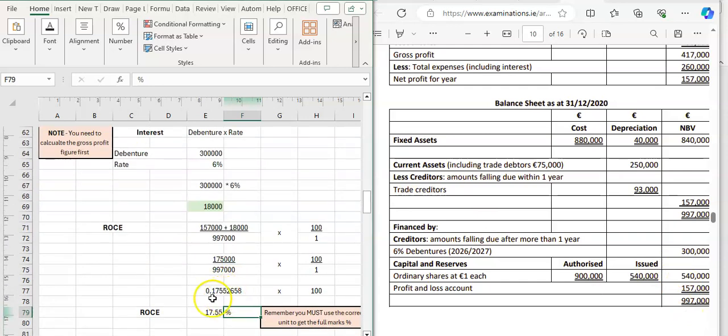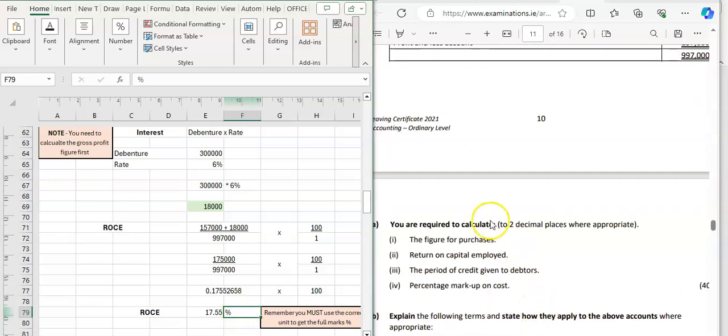It's going to give you a figure of 0.17552. Because we're going to 2 places of decimal, it's going to be 17.55. We're going to keep it at 55 because this 2 is less than 5. So remember the rounding rules with maths. So that's a percentage. And that's question 2 for O'Connell 2021.